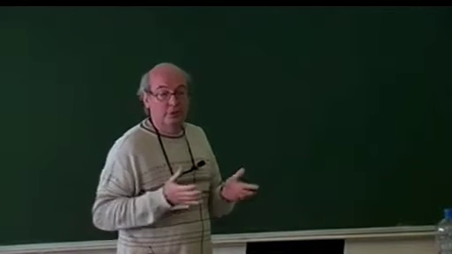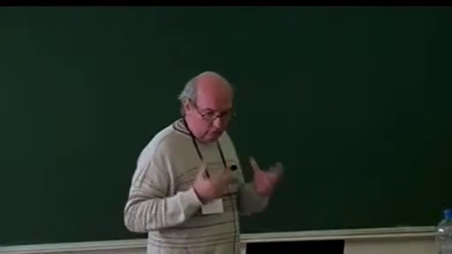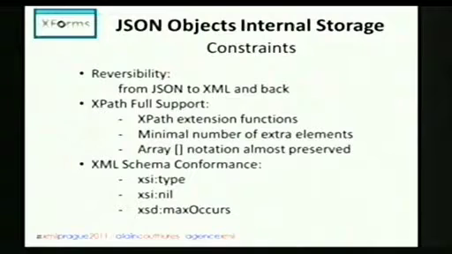Why not to use it? There are also some interesting stuff about XML schema. XForms is supporting xsi:type, xsi:nil, and there is also xsd maxOccurs, which is interesting in the array context.